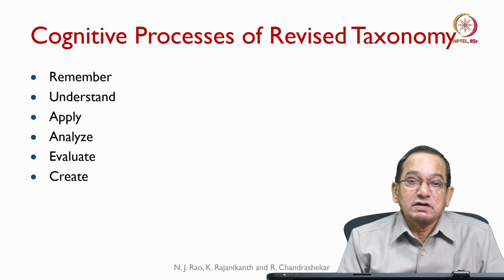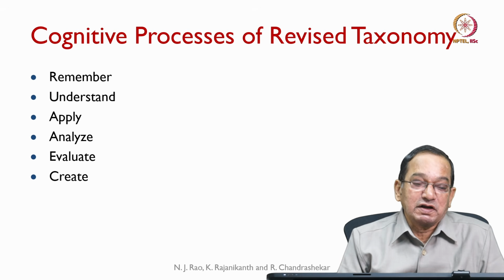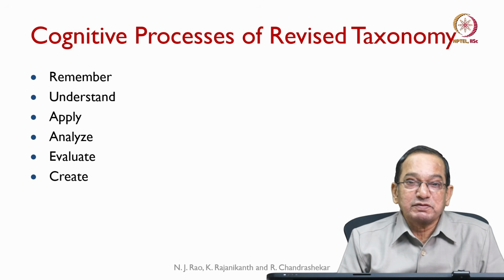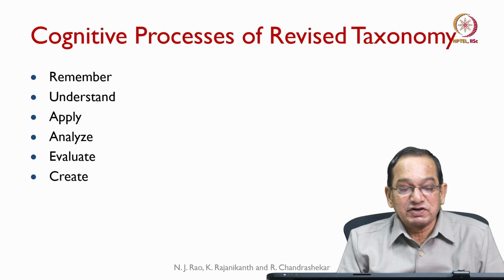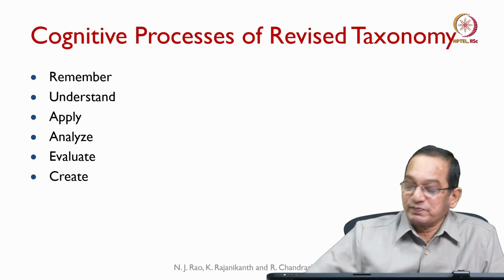They are hierarchically organized in the sense that any process at a given level implies all the processes at all the lower levels. For example, analyze implies the ability to apply, understand, as well as remember.